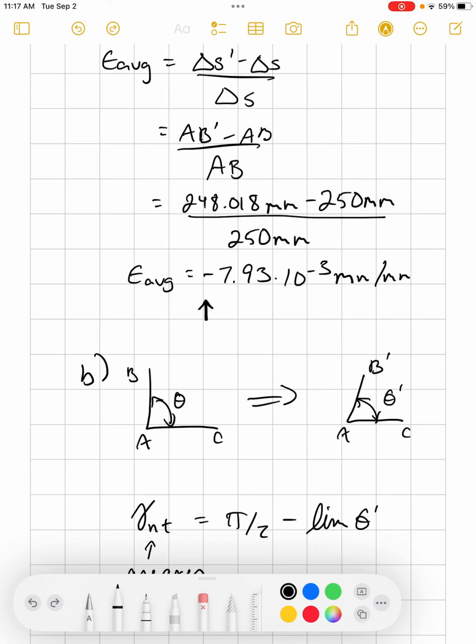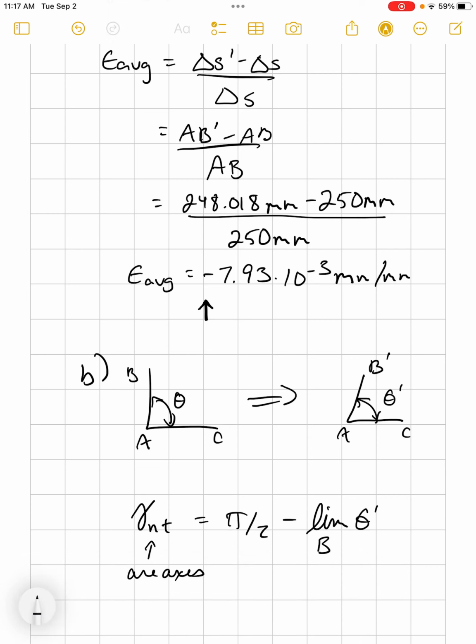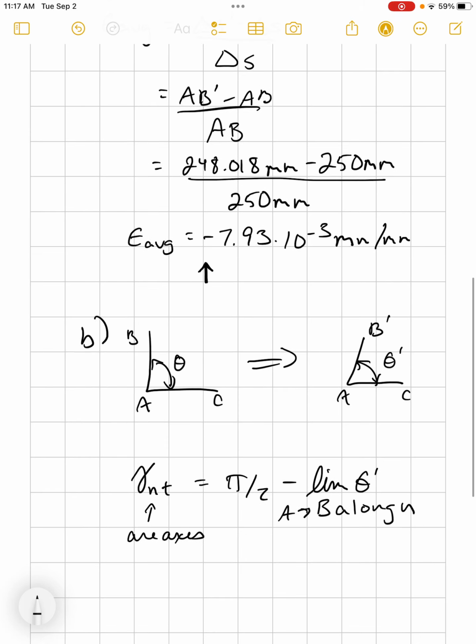Sorry, I wrote my axes out opposite here. As B, A goes to B along N, okay? And then as C goes to B along T, okay?